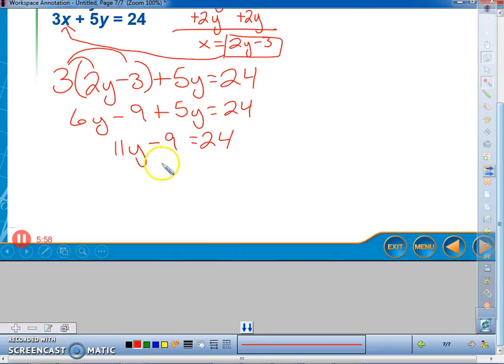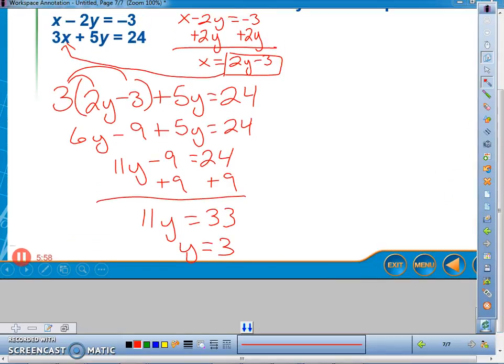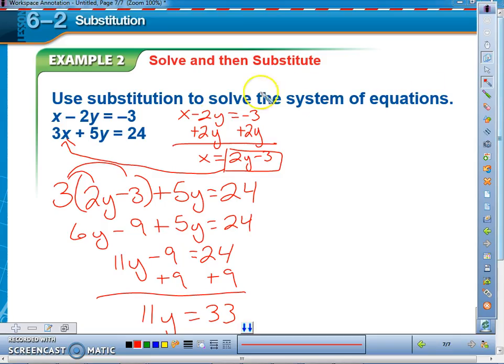And then I just keep working. Add 9. 11y equals 33. Y equals 3. So now that I know that y equals 3, what I'm able to do is go up to the original formula right here and put a 3 in for y.